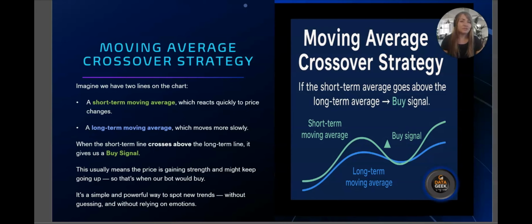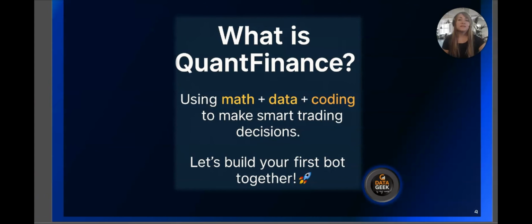So what is quant finance? Quant finance simply means using math, data, and coding to make smarter trading decisions instead of guessing. And today we'll get a real hands-on look at it by building our first bot. Instead of watching the market all day, deciding whether to buy or not, the bot follows your instructions and makes the trades for you quickly and without emotion.